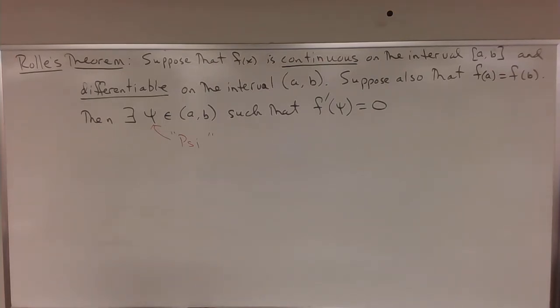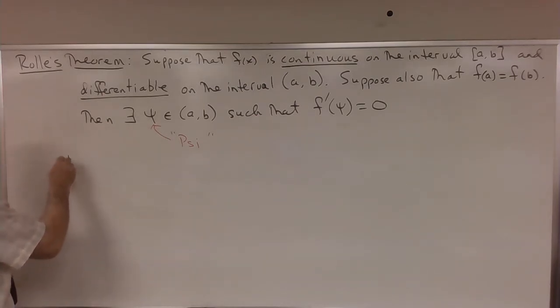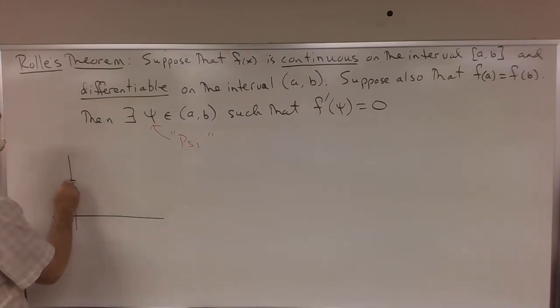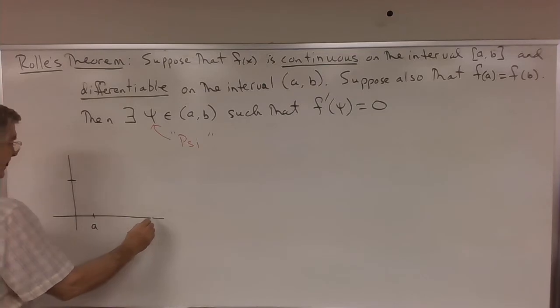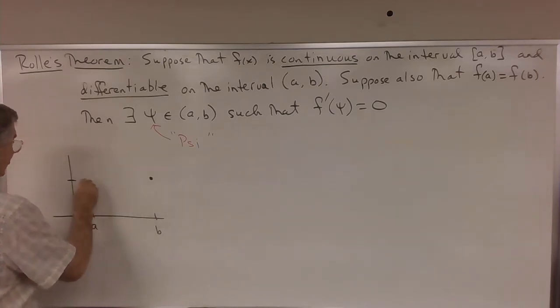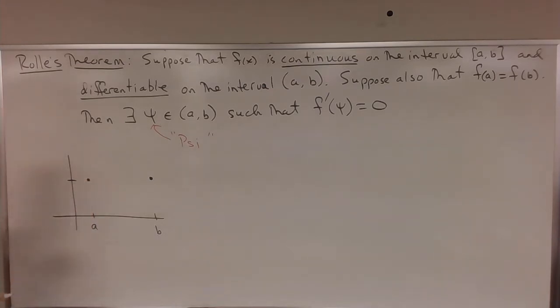let's just draw a picture of what's going on. F of A and f of b are equal. So f of a and f of b lie on the same horizontal line.